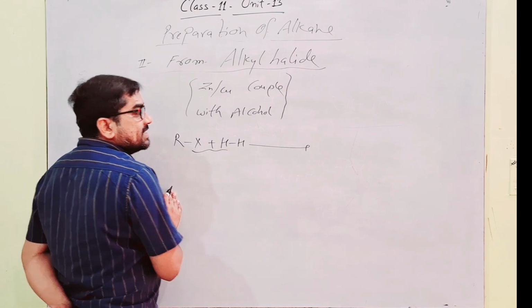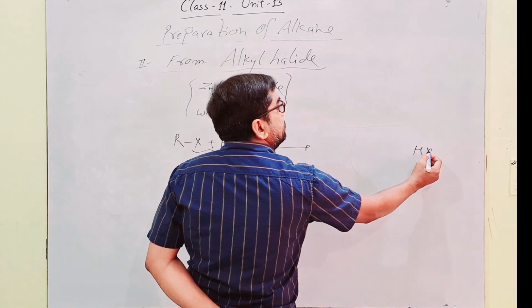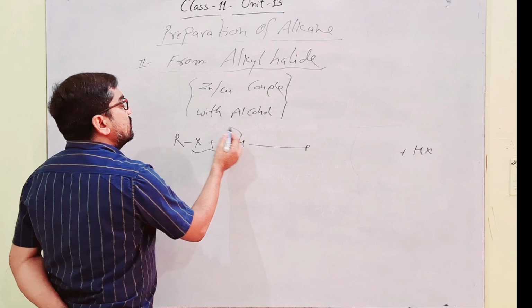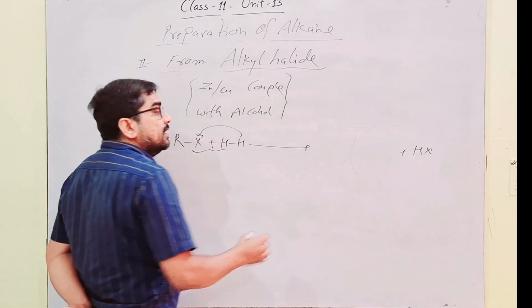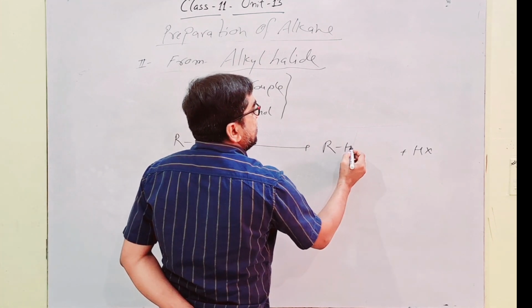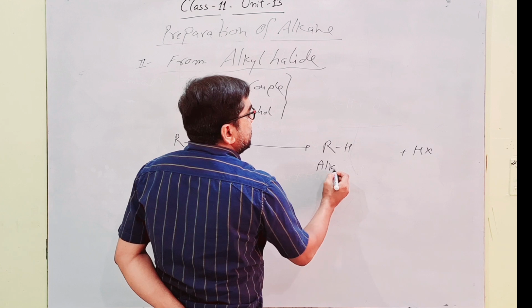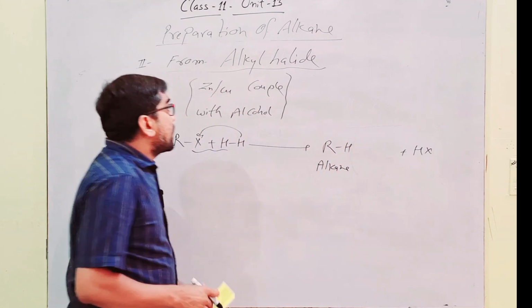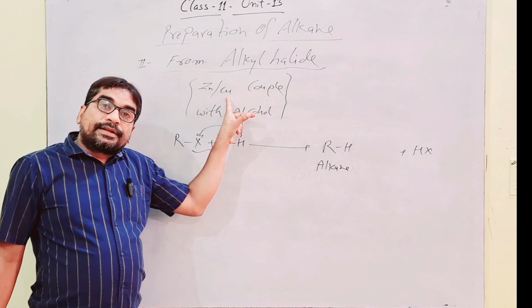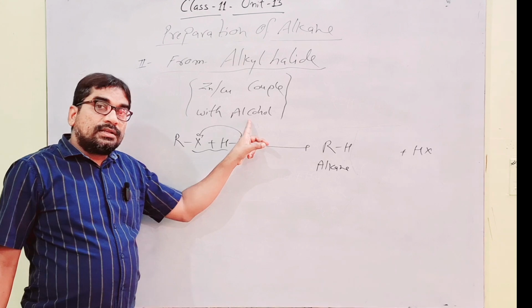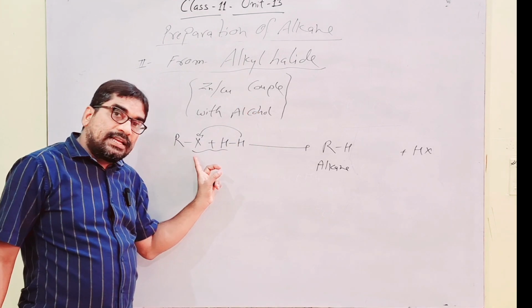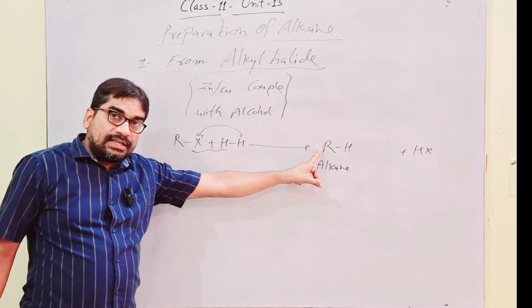Now same, HX is eliminated and this hydrogen gets attached here. So formation of RH, alkane is formed. Zinc copper couple with alcohol is used to reduce alkyl halide into alkane.